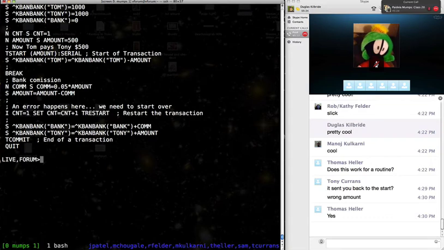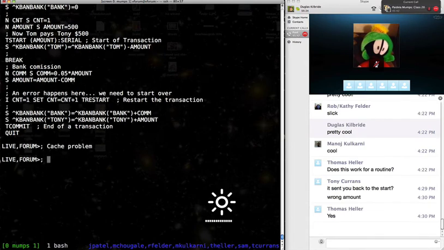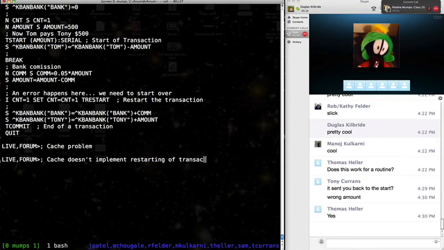So this actually leads us back to a couple of problems with transactions. Here I'm going to mention the cache problem. Cache doesn't implement restarting of transactions.